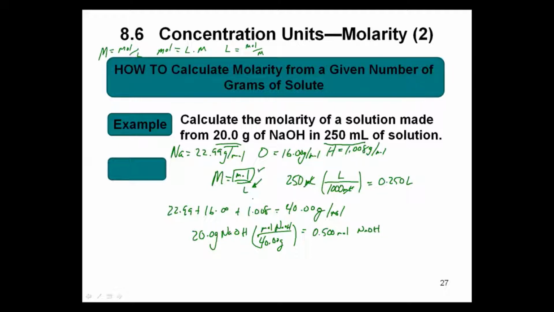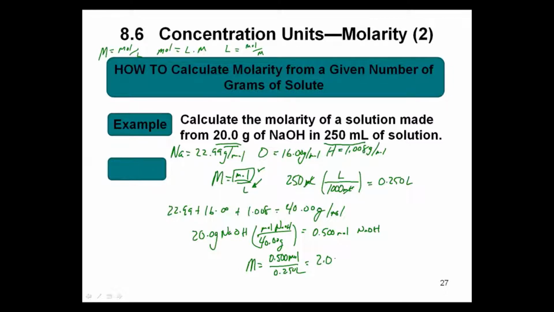So now that we have everything that we need for the molarity, we're just going to divide those two. So we're going to take 0.5 moles on top, 0.25 liters on the bottom, and we'll end up with something like 2.